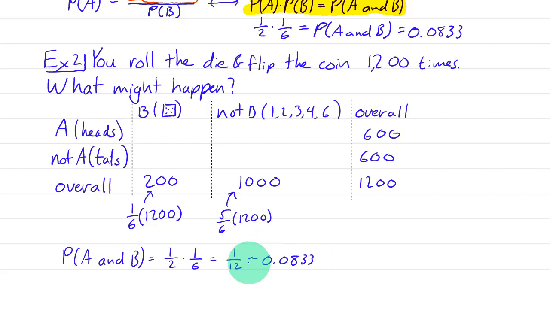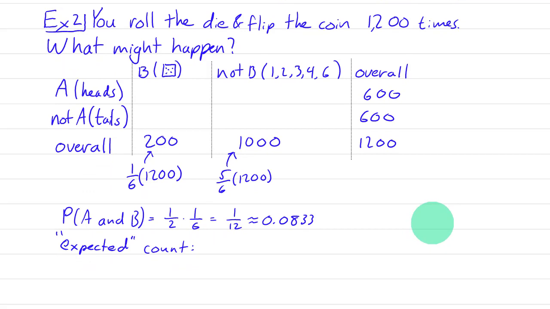Now, how does that tell you the count that should be here? So this is going to be the expected, if everything works out perfectly, that fraction of the total, 1/12 out of the 1,200, which comes out to 100.